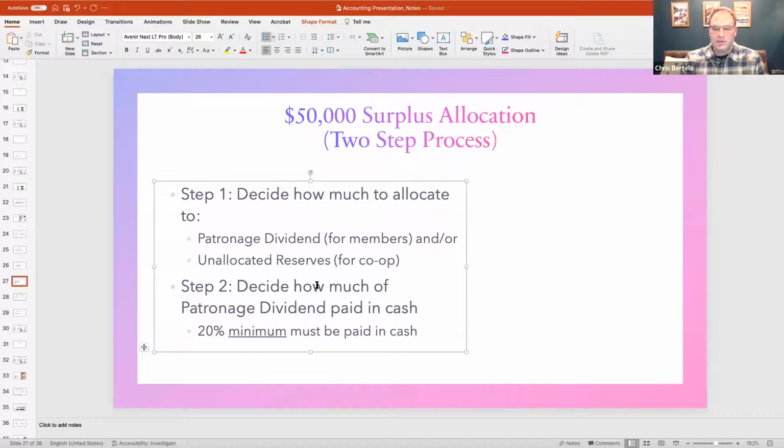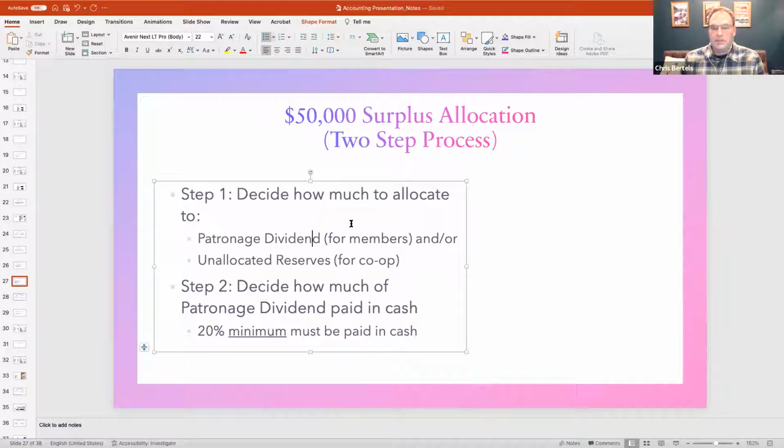The second step you're going to have to consider is how much of the patronage dividend is going to be paid in cash. You often hear the term, how much is the co-op going to pay out as a patronage dividend? In this concept, the terminology is a little bit misleading, because almost always you're going to pay out only a portion of the patronage dividend as cash.